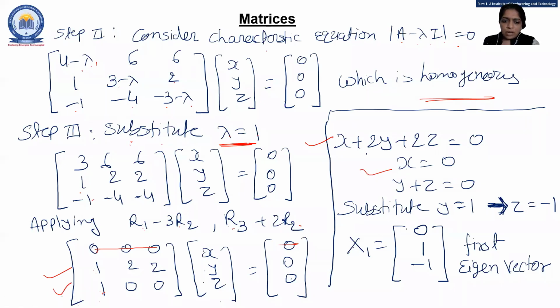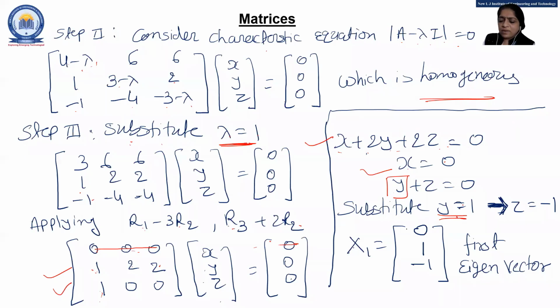From the third row, the value of x is 0. And from the second row, x plus 2y plus 2z, but the value of x is 0. So if I take 2 common, y plus z is 0. But here, one row is 0 on the left hand side as well as the right hand side, so one variable is free. So I assume y equal to 1.